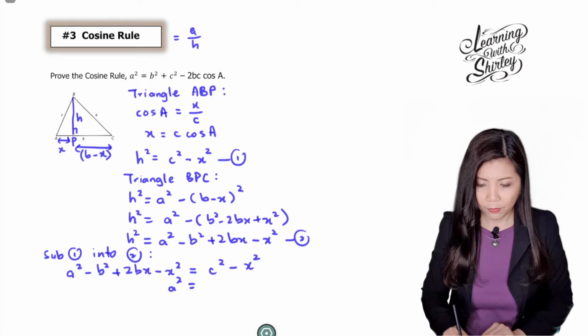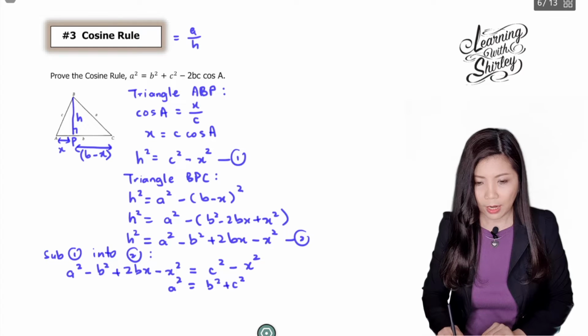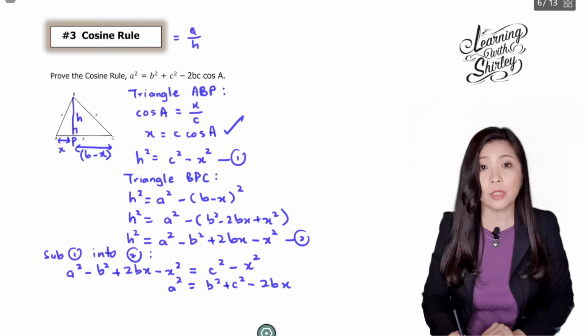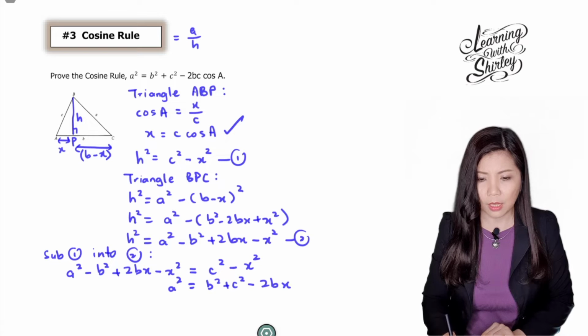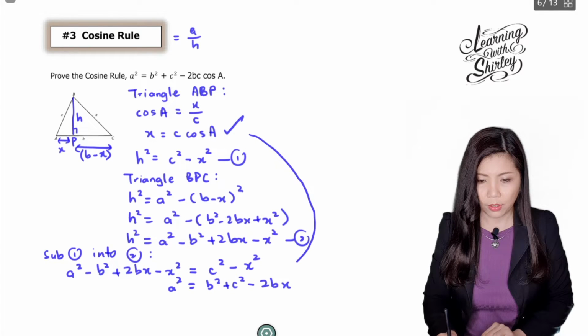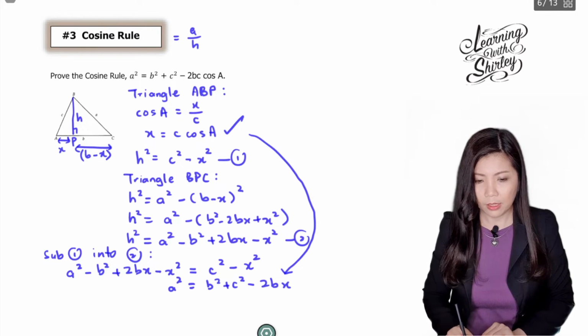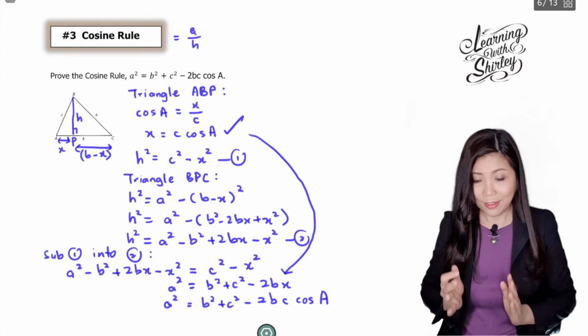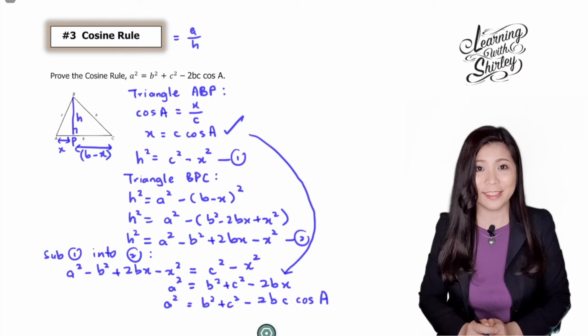So we have b squared plus c squared minus 2bx. From here, x equals c cos A, so I'm going to substitute this for x. We get a squared equals b squared plus c squared minus 2bc cos A. Ta-da! So we have proven the cosine rule.